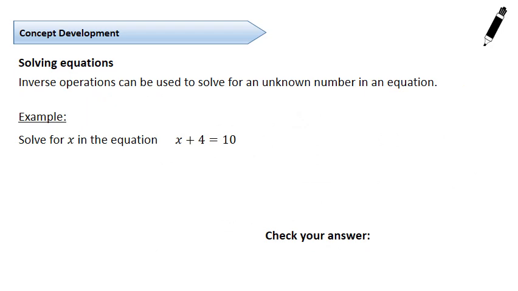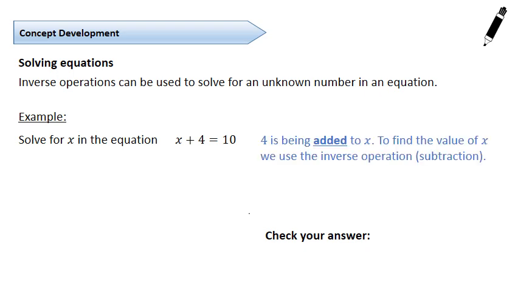Right, have a look at this one here. Solve for x in the equation. So x plus 4 equals 10. Four is added to x. To find the value of x, use inverse operations.